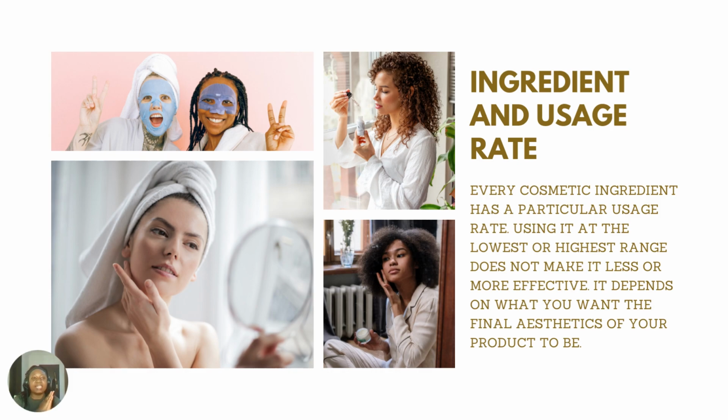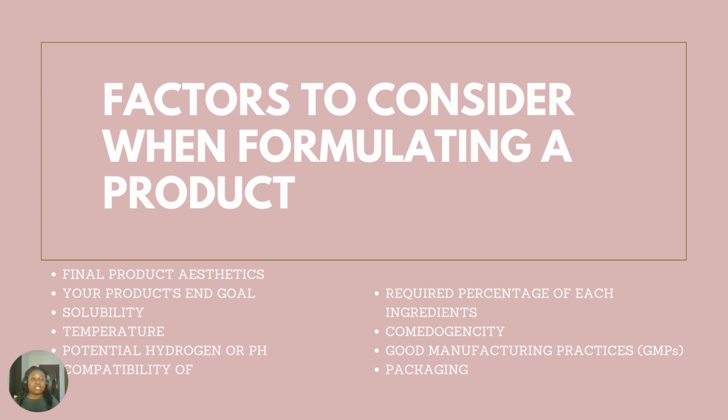And this brings us to my next topic, which is factors to consider when formulating a product. These factors will let you know what raw materials to choose, and the technique of that particular cosmetic formulation. Number one on my list, I have final product aesthetics.